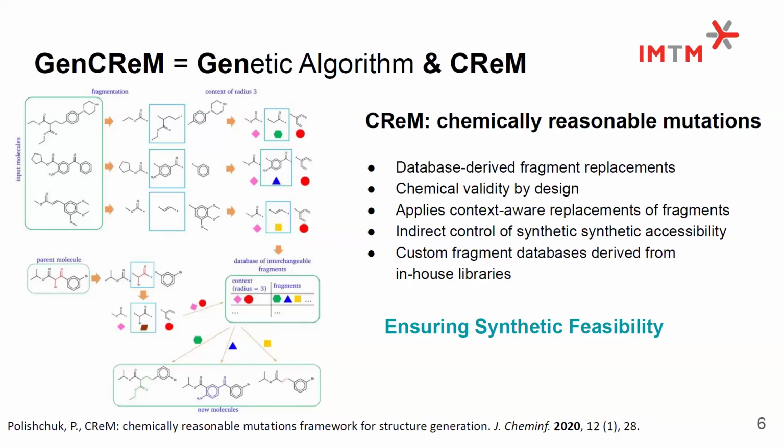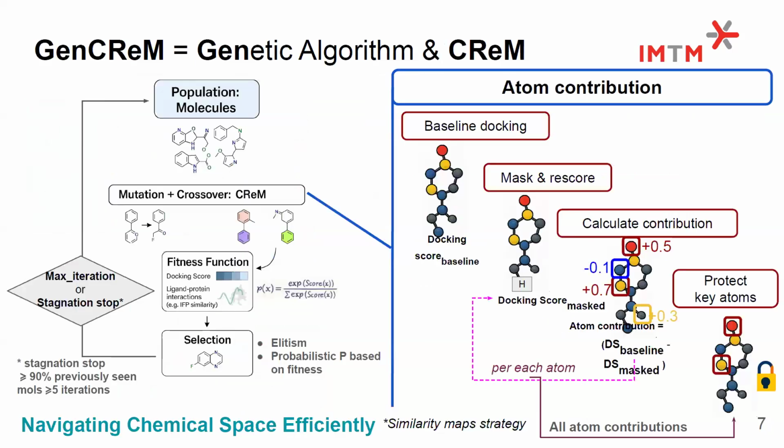Such molecules contain the fragments or chemistry most used by a particular group of chemists, so the resulting molecules will be even more synthetically accessible for these specific groups of chemists. Also on Friday, there will be a tutorial about GenCReM, a very interesting one, so everybody who is interested in this topic is welcome.